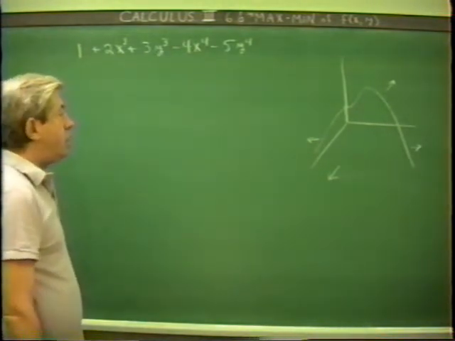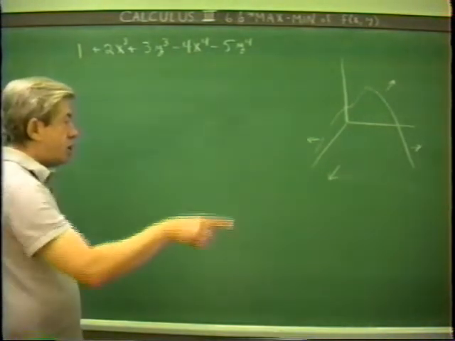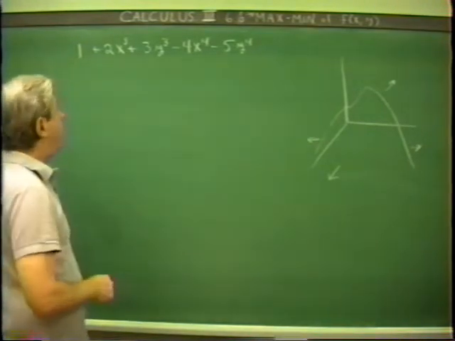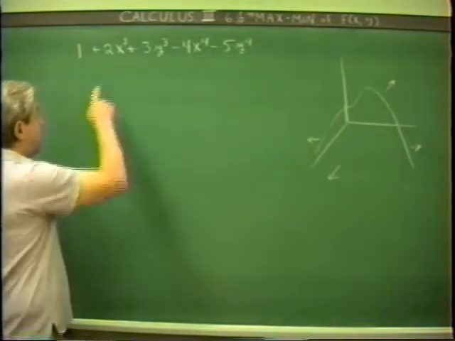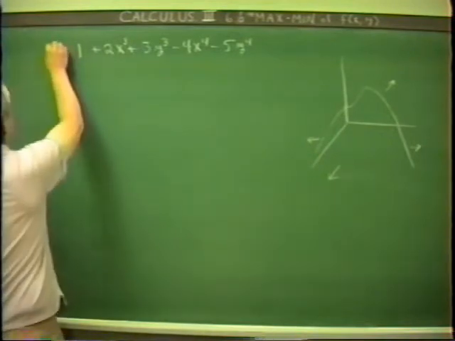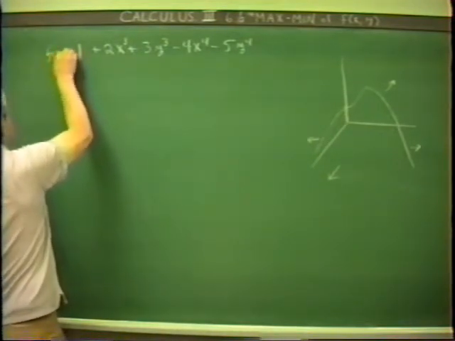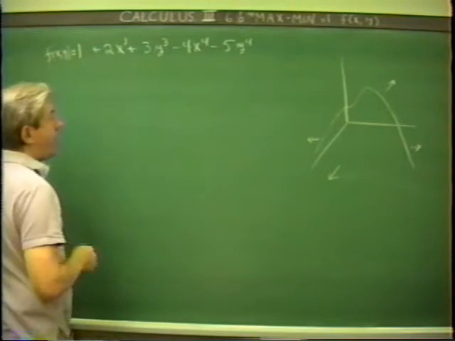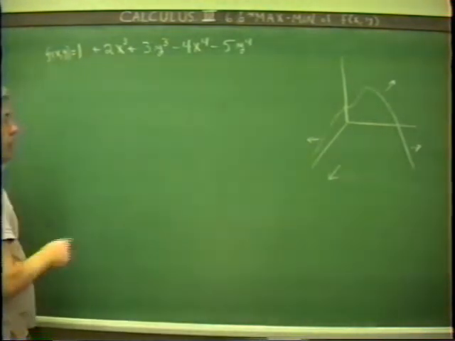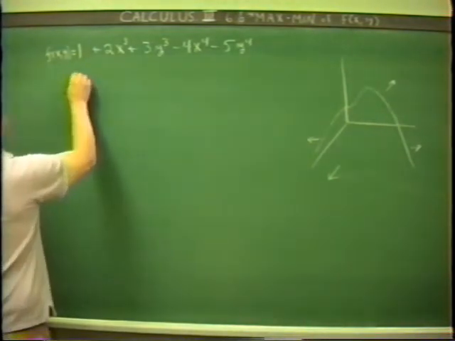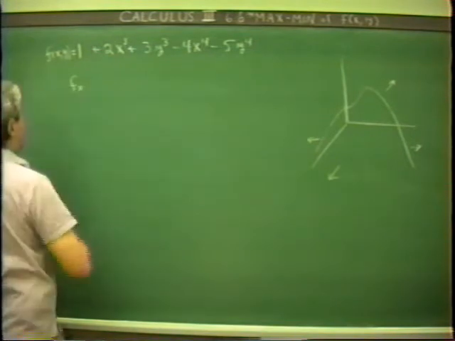So even though the theorem says that we should be looking at closed regions and their boundaries, we can here look at the entire plane, and if this is f of x and y, this maximum is going to occur somewhere on the plane.